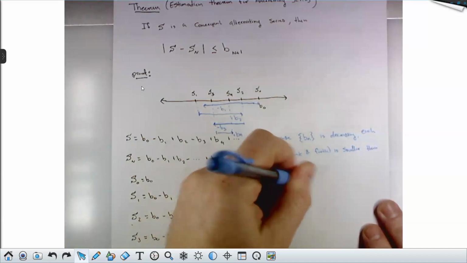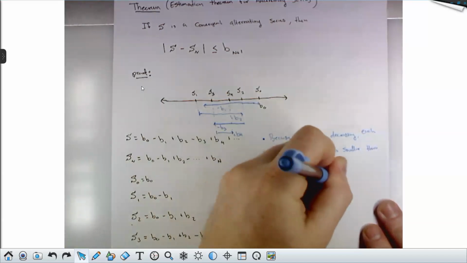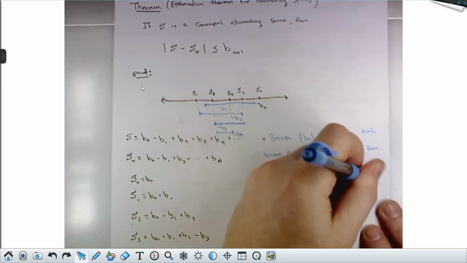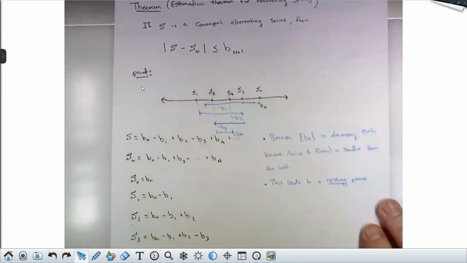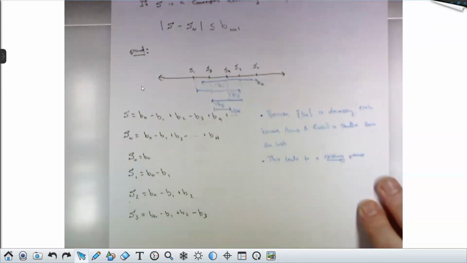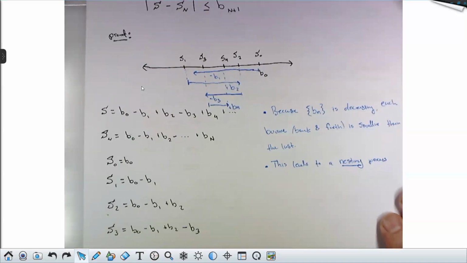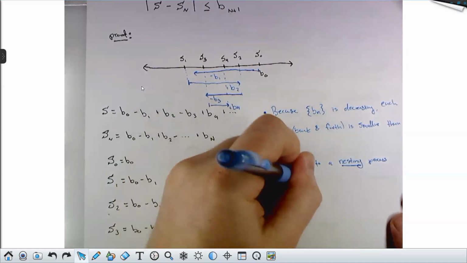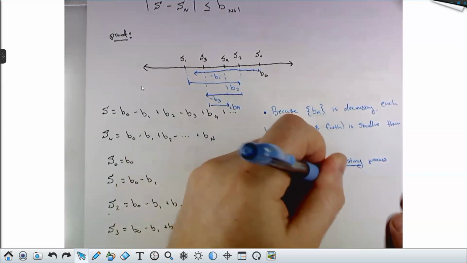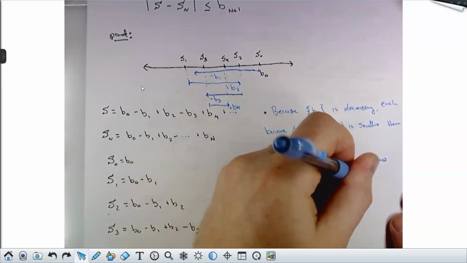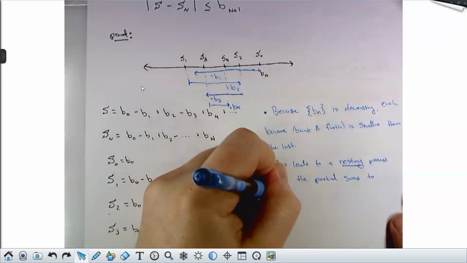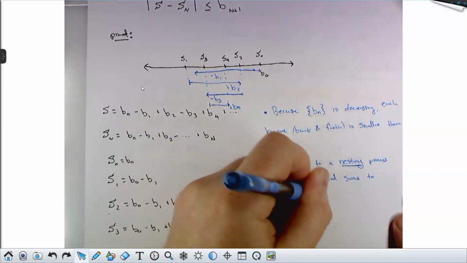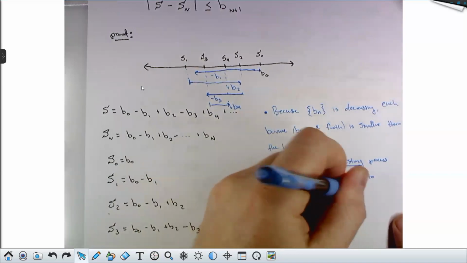So this nesting process leads to a nesting process. Nesting just means one inside the next. This nesting process forces the partial sums to sort of walk in towards a center.